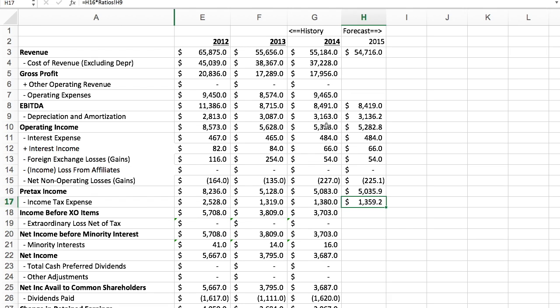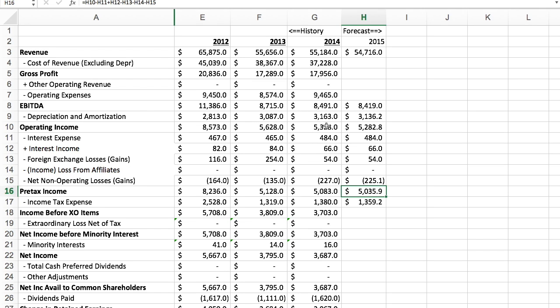The pre-tax income. So the pre-tax income is just from operating income minus interest plus interest income minus FX minus income or loss from affiliates minus non-operating losses and gains. So I had already solved for that, just adding and subtracting, just calling the signs in G16. So rather than recreating it again, which I could, I'm just saying copy G16 to H16. Make your life a little bit easier.